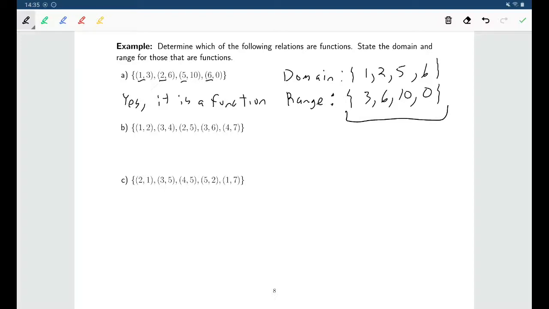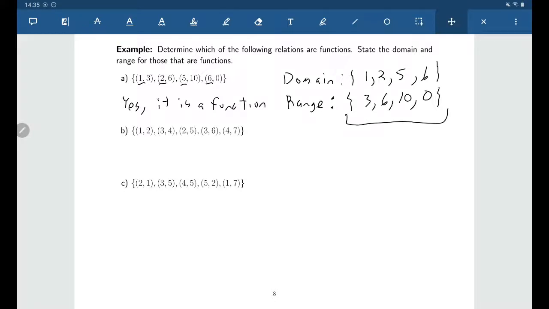I would only list 0 once in my range. The other part that's important to remember for sets is that in a set, the order that we list things doesn't matter. So for my range, I could have said it's the set 0, 3, 6, 10, or I could have said it's the set 10, 6, 0, 3, or whatever order I'd like to give them, and it really doesn't make any difference. It would still be considered the same set.